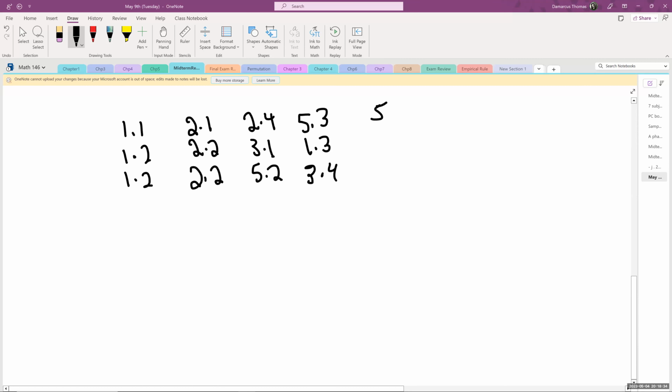And we have a 5.1, 3.5, and I'm missing something. Okay, there's actually 2 1.1s. That rounds out the 15.